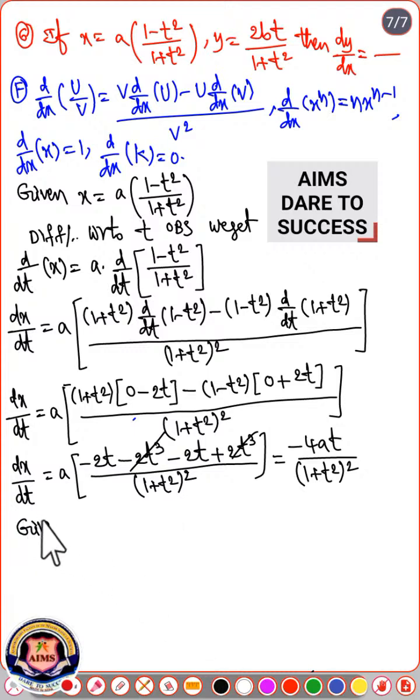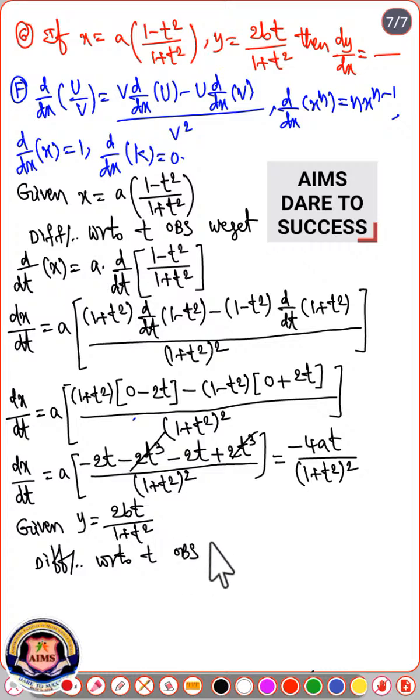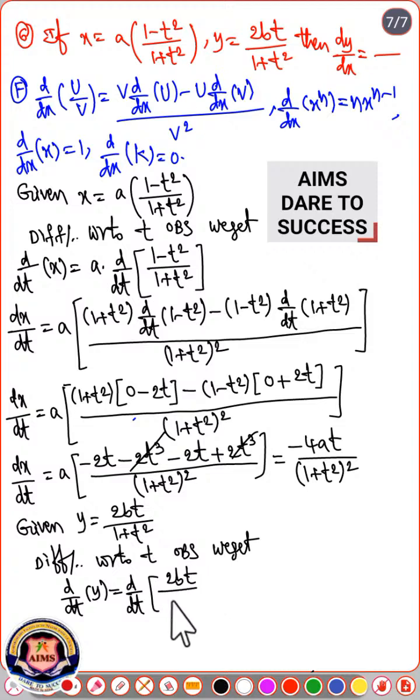And next given y is equal to 2bt divided by 1 plus t square. Here also right side values are related to t, so differentiating with respect to t on both sides, we get y derivative, d by dt of y is equal to d by dt of 2bt divided by 1 plus t square.